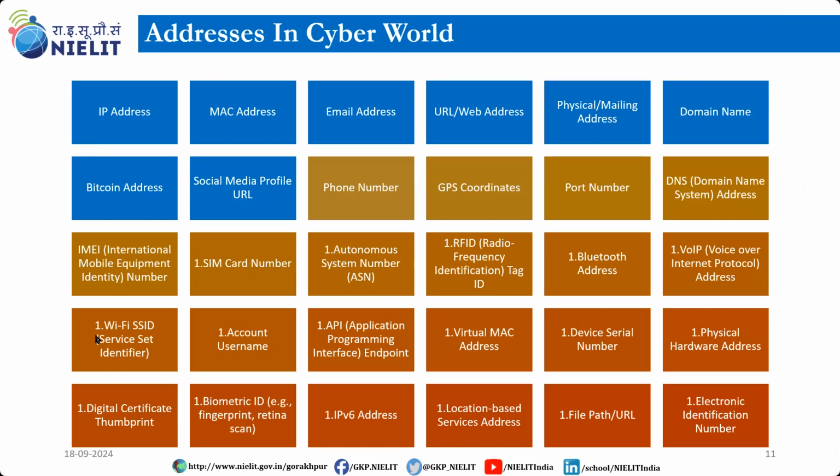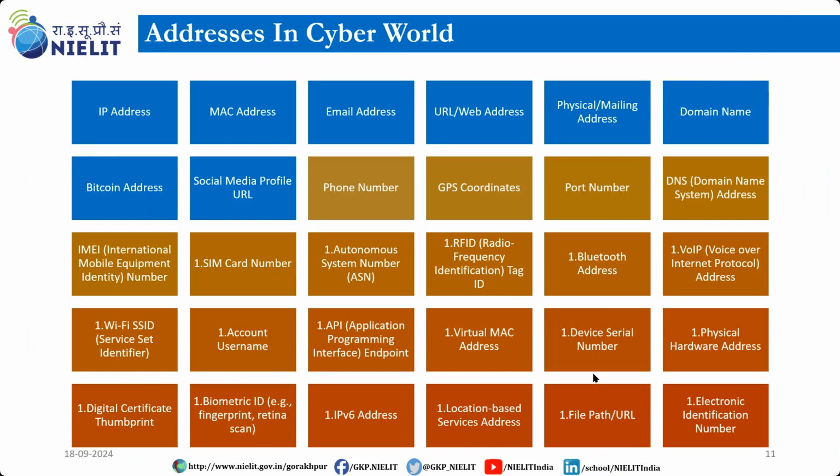Wi-Fi SSID. Whenever we connect to a Wi-Fi network, there should be some SSID of the Wi-Fi hotspot or Wi-Fi access point. Then account username, then API of the particular web services, then virtual MAC address, then device serial number, device part number, physical hardware address, then digital certificate thumbprint, biometric ID, IPv6 address, location-based services address, file path, URL, electronic identification number, EIN number.